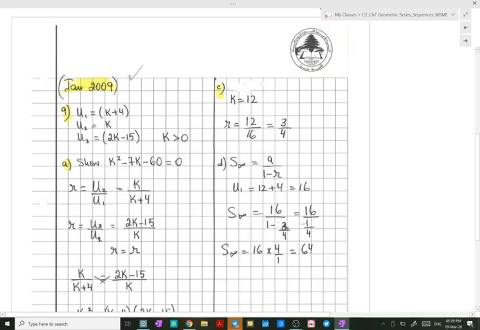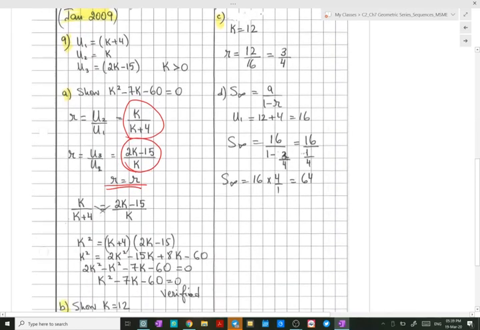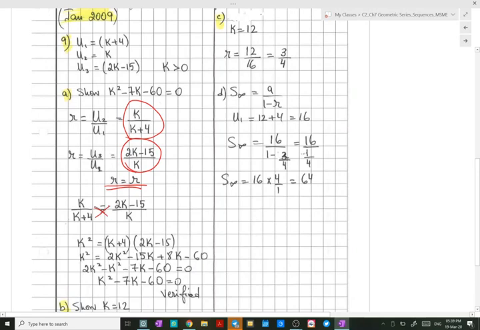Since this is a geometric sequence, you have a common ratio, so r is equal to r. You set the two expressions equal to each other, two equal fractions. Therefore you cross multiply, and from here you do your algebra calculation.